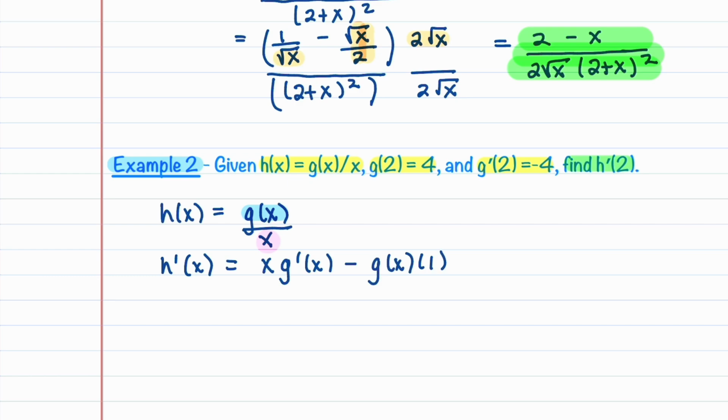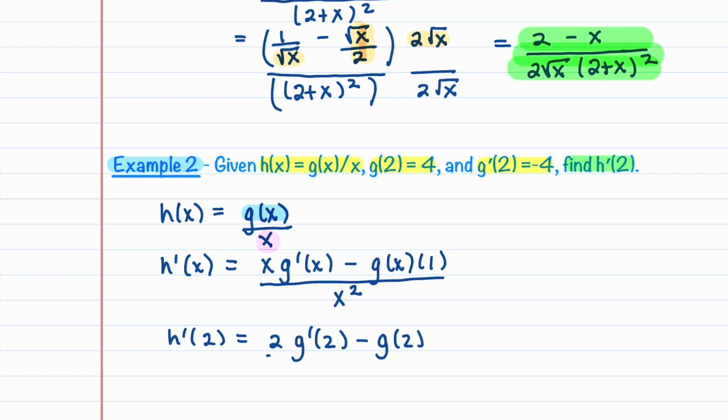And we're going to divide all of that by our bottom function squared. Now we're going to substitute in that x is equal to 2. So we have h prime at 2 is 2 times g prime at 2 minus g of 2. And we're going to divide this by 2 squared.